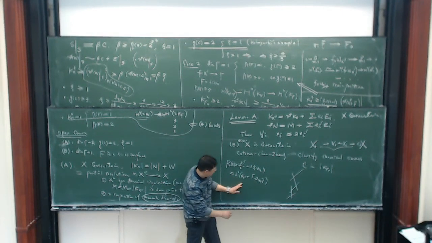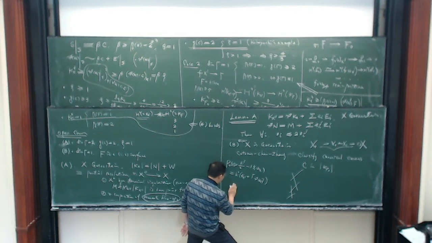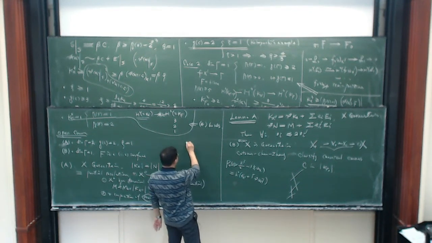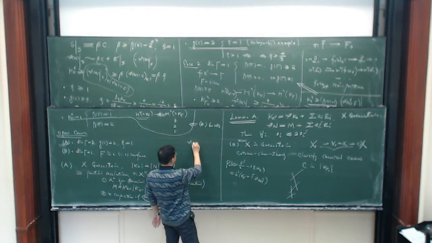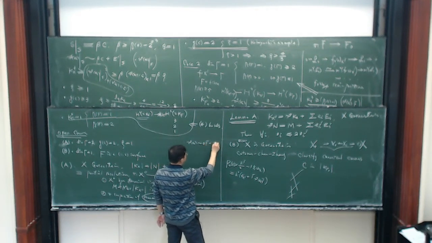We know that pi star K_X is something like theta F plus E prime.